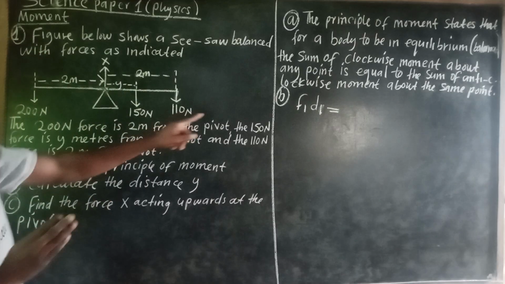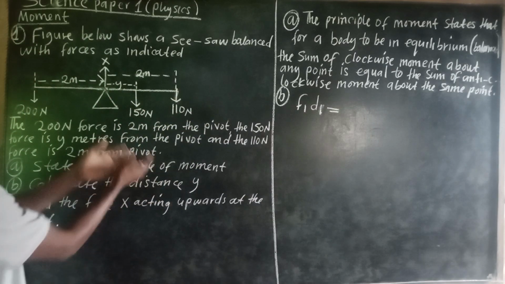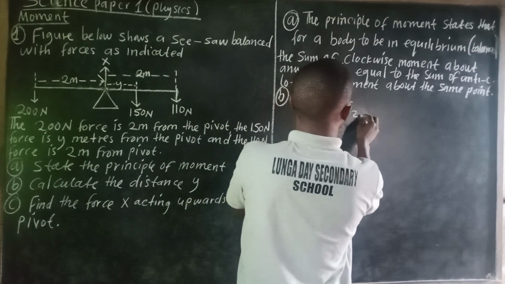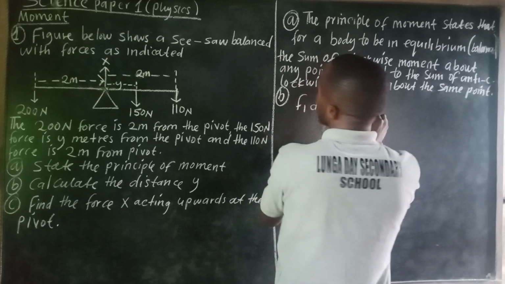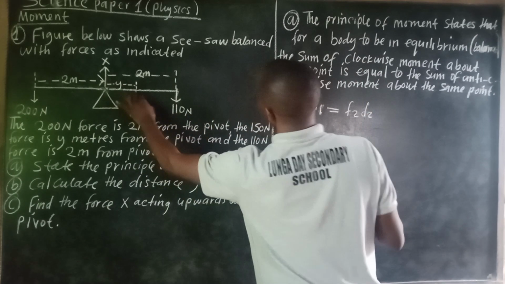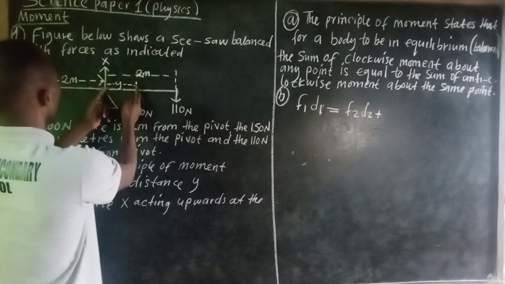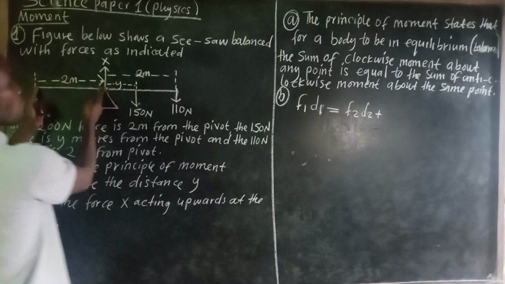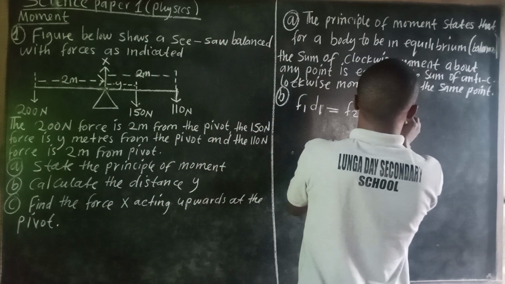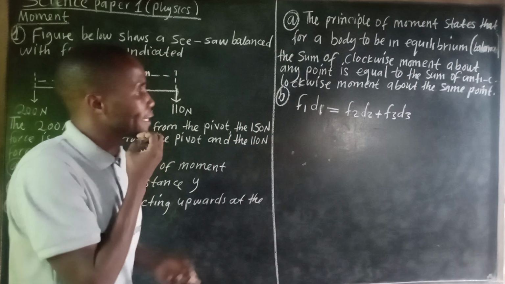That's why we are going to say force 1 times distance 1 is equal to force 2 times distance 2, where force 2 is this one, 150 newtons, plus force 3 times distance 3. That is how we are going to find the value of y.